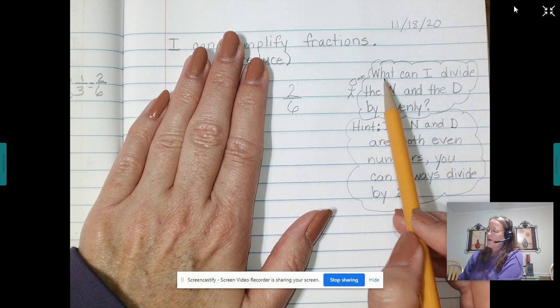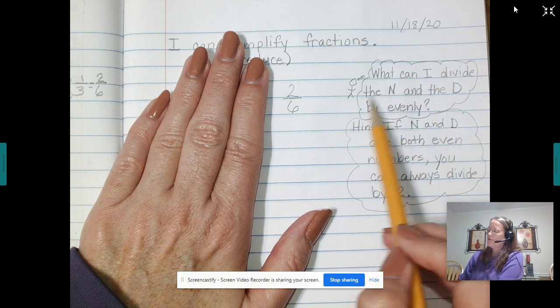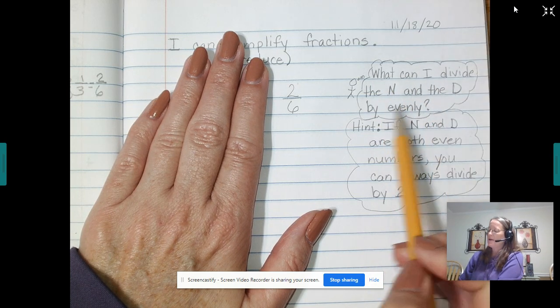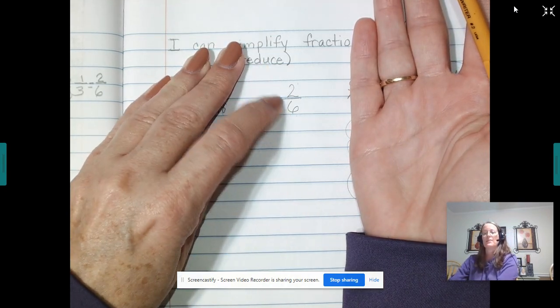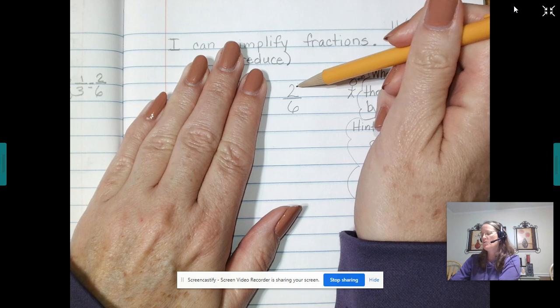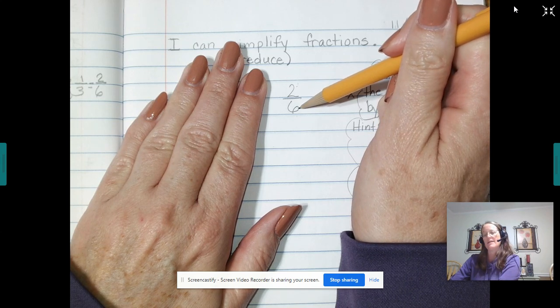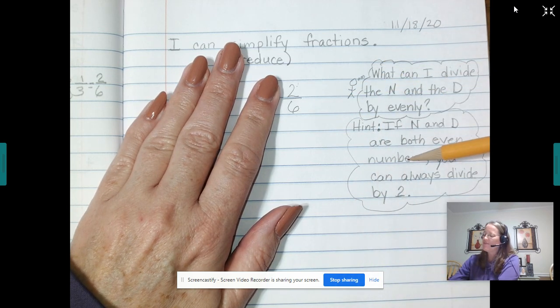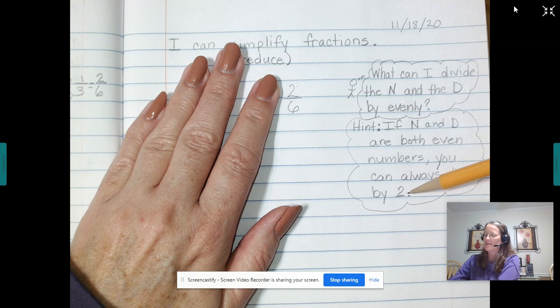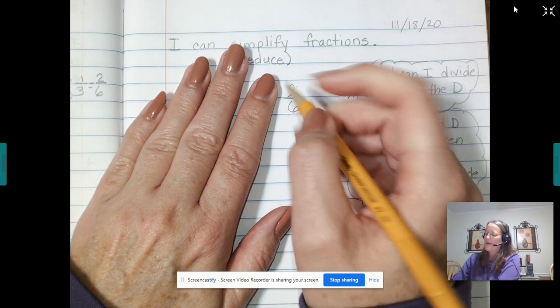So here's our first question. What can I divide the numerator and the denominator by evenly? So let's look at 2 sixths. What can I divide 2 and 6 by evenly? Well, if they are both even numbers, I can always start by dividing by 2.